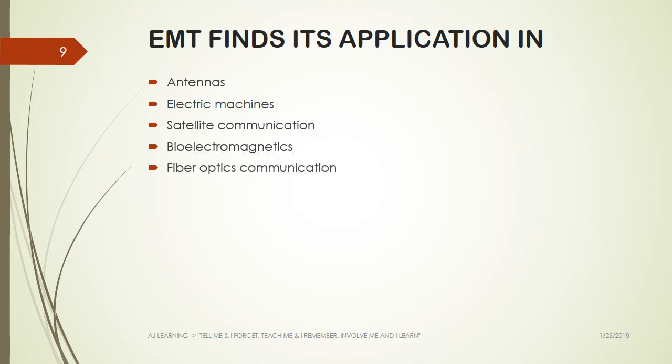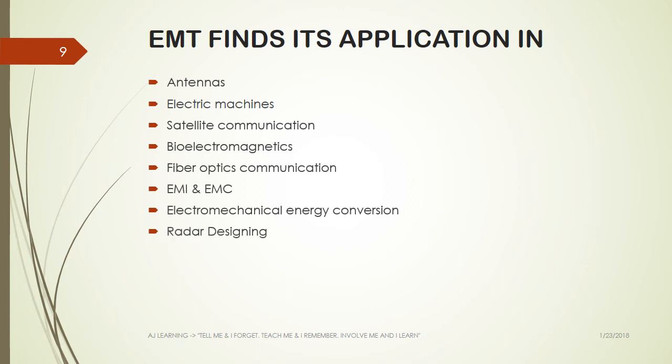In fiber optics communication, you will find the use of Maxwell equations. In EMI and EMC, as I said earlier, electromagnetic interference and electromagnetic compatibility, these are very important topics. We will discuss these topics separately in Unit 5. In electromagnetic energy conversion, you will find the application of EMT, or simply I can say in radar designing, radio detection and ranging, and many more.